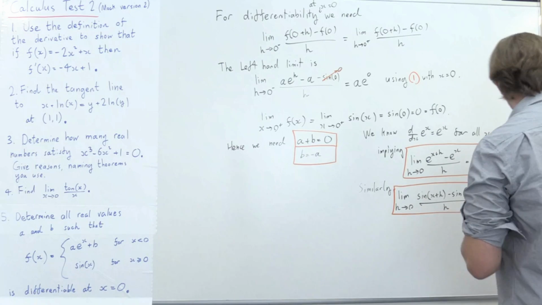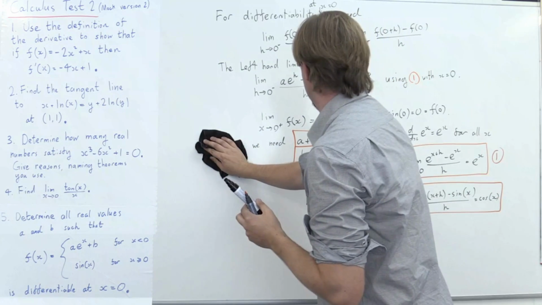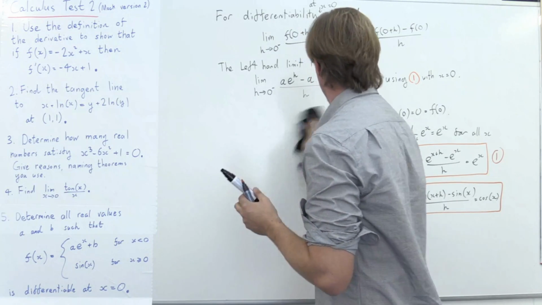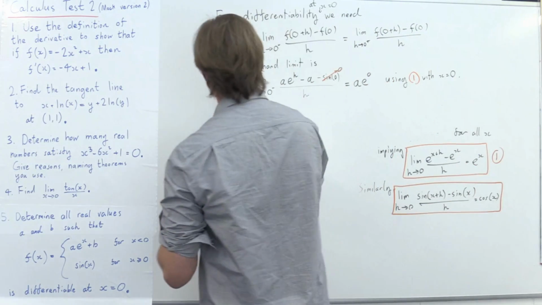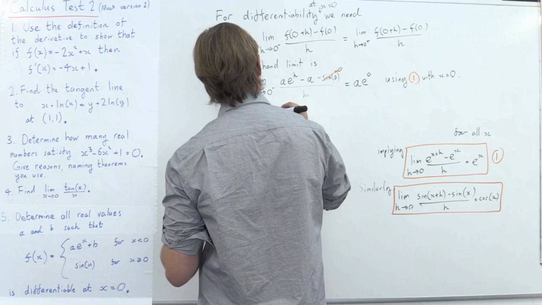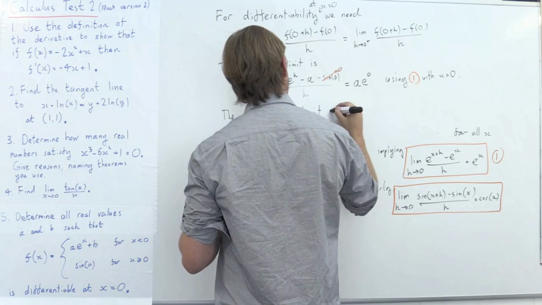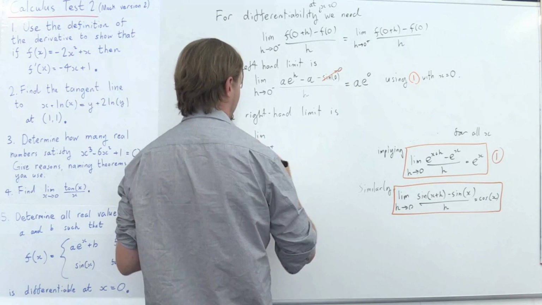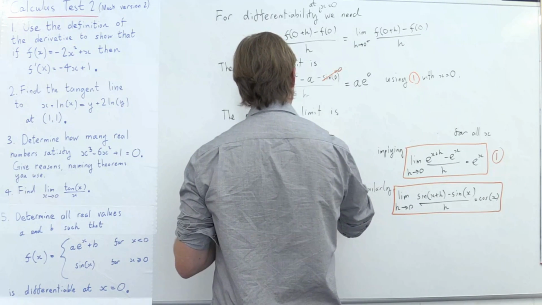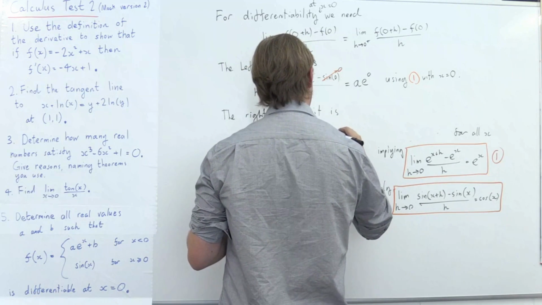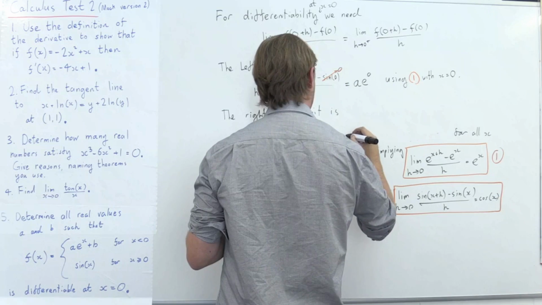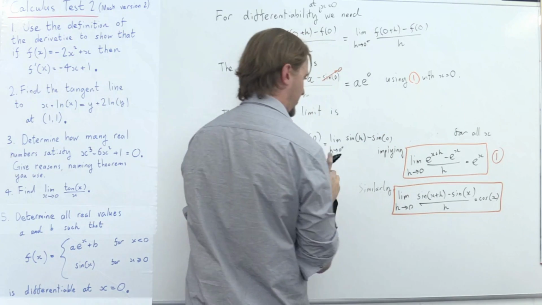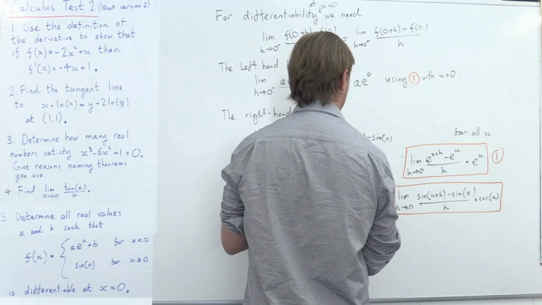The other thing you do is you now take the right-hand limit. The right-hand limit is the limit as h approaches 0 from above, and maybe I'll write this a little bit more clearly, f of h minus f of 0 over h equals the limit as h approaches 0 from above, the sine of h minus the sine of 0 over h.